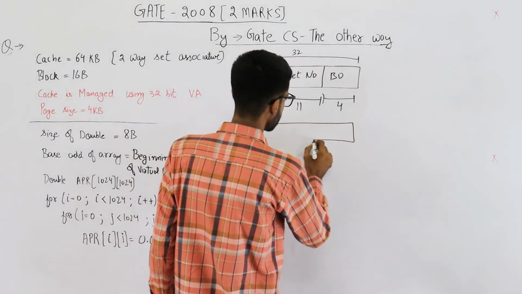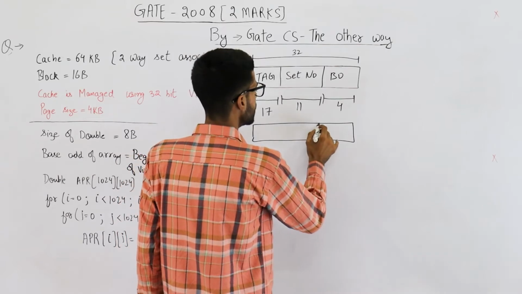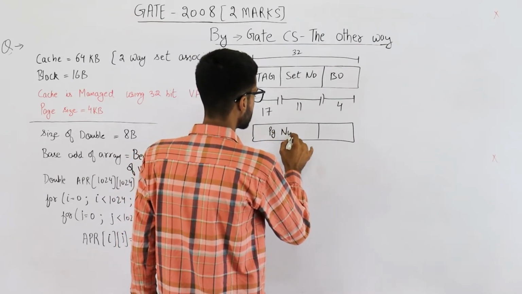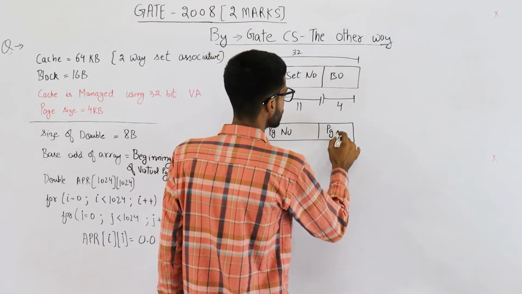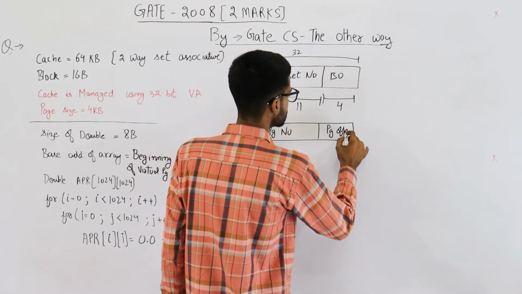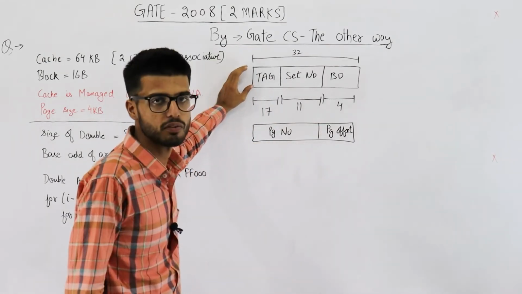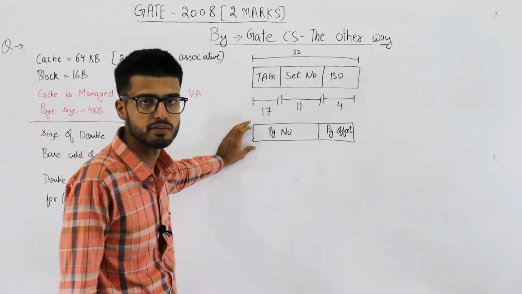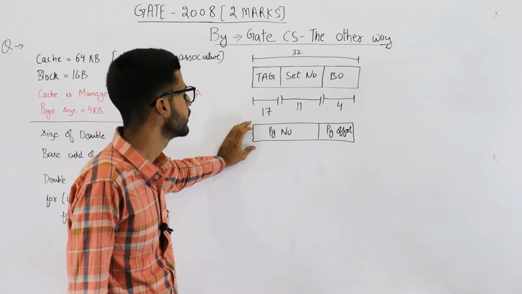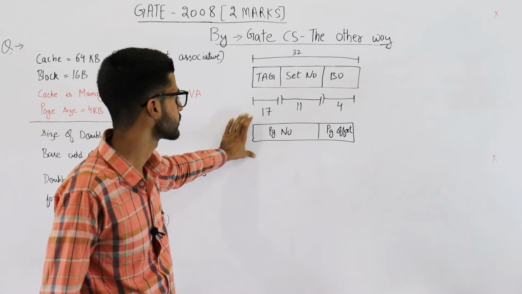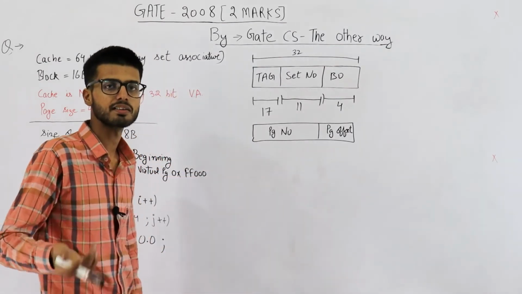Just see, virtual addresses can be divided into 2 parts, that is page number and page offset. This is also a division of a virtual address. This is also a division of a virtual address. This division you will study in the subject operating systems. It's used for translation purposes.